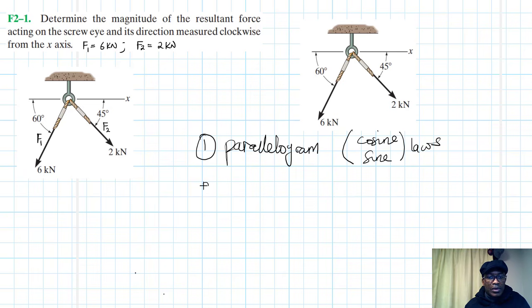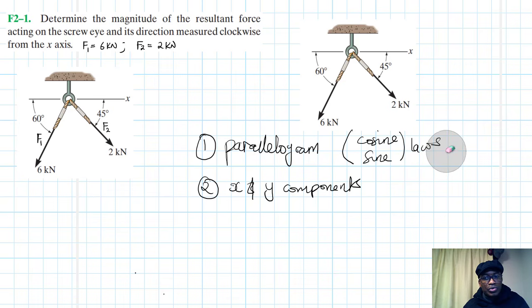The other method is the addition of the x and y components, to get the resultant as well as the direction. So we are going to show both methods. It's really up to you to choose which method is okay for you.